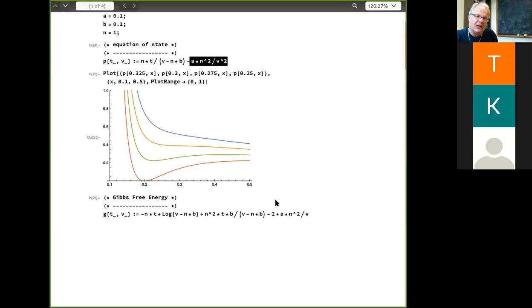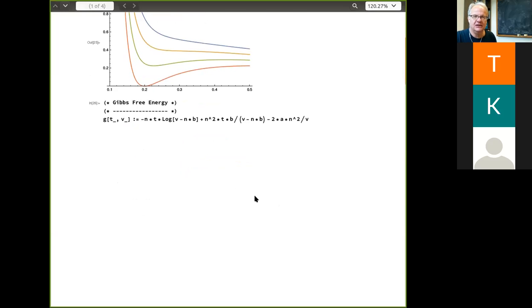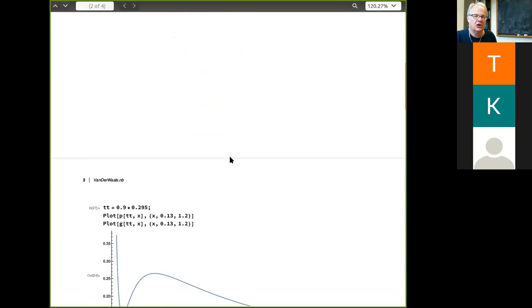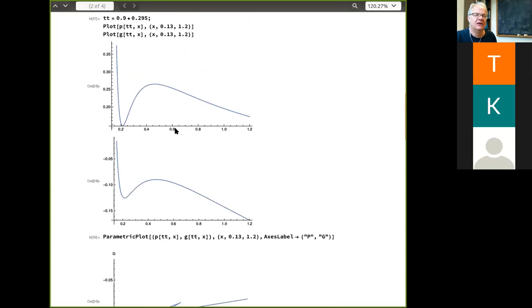I already mentioned that one of the ways to figure this out is to compute the Gibbs free energy. That's also an exercise that was implicitly contained in the quiz we did the other day. So you can work out what the Gibbs free energy is. For a given isotherm, I plot the pressure and the Gibbs free energy.